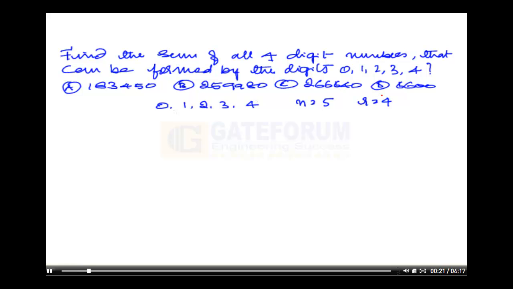As the given digits contain 0, when you apply the formula sum equivalent to (n minus 1)P(r minus 1) into the sum of digits into 1111, this will give the sum of 4 digit numbers, no doubt, but among them some begin with 0, which are actually 3 digit numbers, because when I take n equivalent to 5, 0 is also considered as 1 digit. First let us find the sum here.